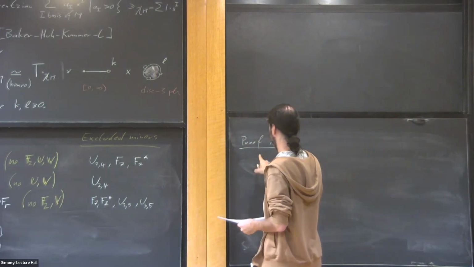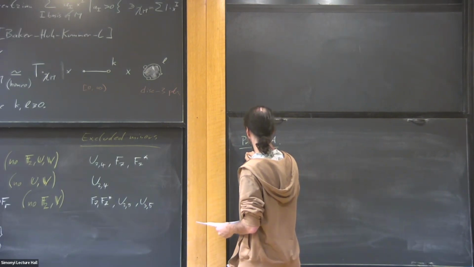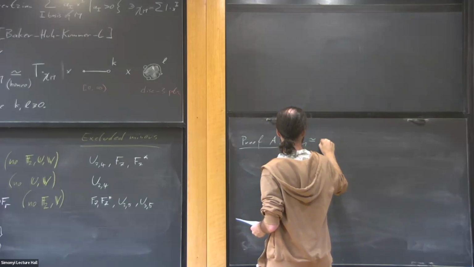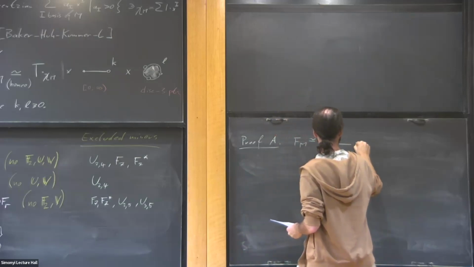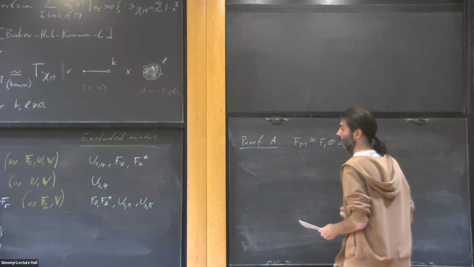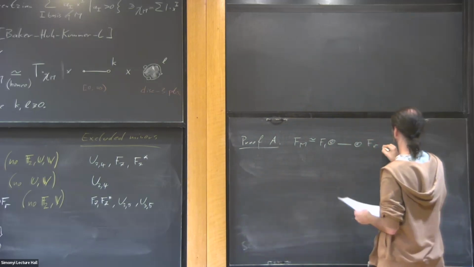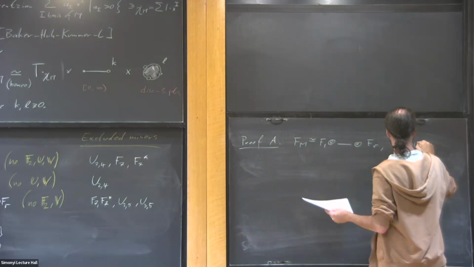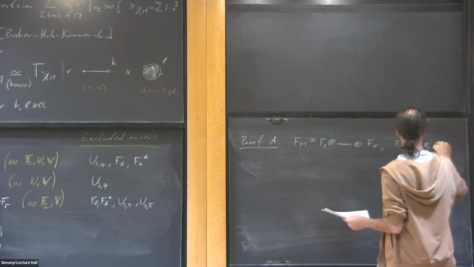is as follows. Since F is ternary, we know that the foundation is isomorphic to a tensor product of finitely many building blocks, where the F_i are one of these four pastures.